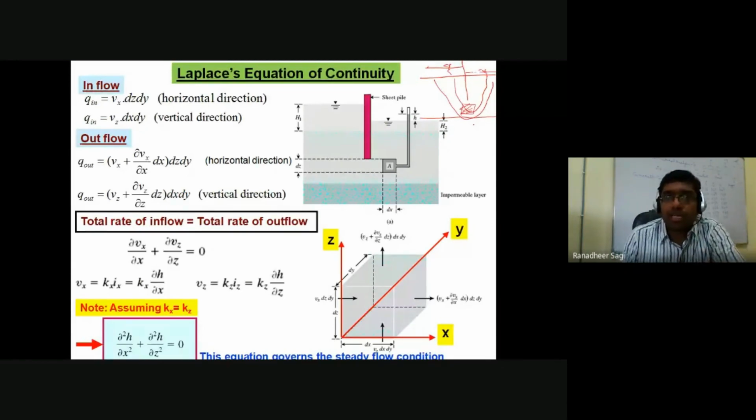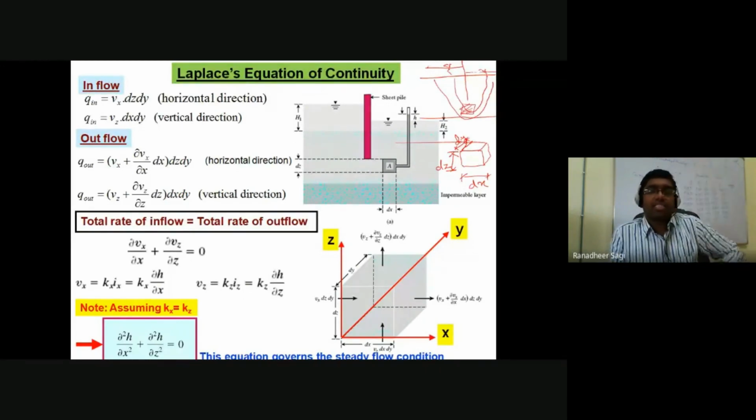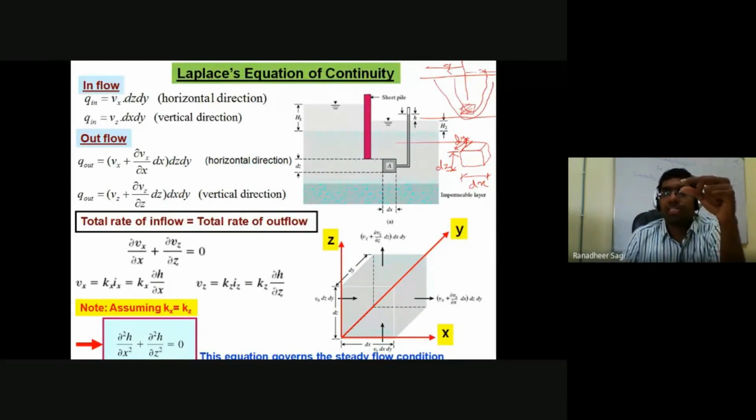So let's come back to that small element. Let's say the chosen small element has some width dx in the x direction, width dz in the z direction, and perpendicular to this, let's say dy is the dimension in the y-axis direction of the chosen small soil element.